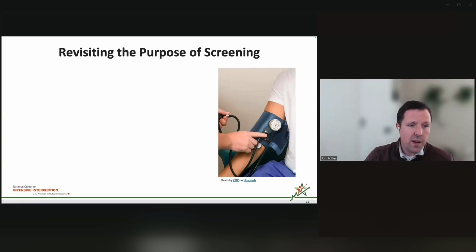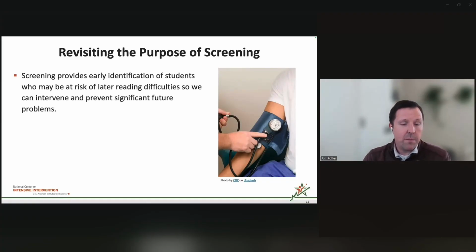And so the screening process is meant to be pretty brief and pretty quick. And so, similarly, reading screening is the same kind of assessment, where we want to look at all kids with a relatively brief, easy assessment that we can give everyone so we can determine who are those students that are going to need some additional supports later on down the line so we can prevent significant future problems, right?